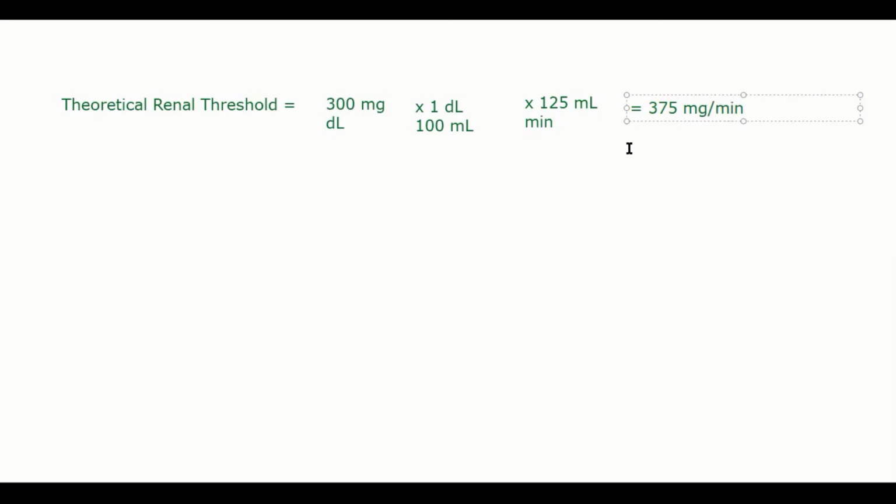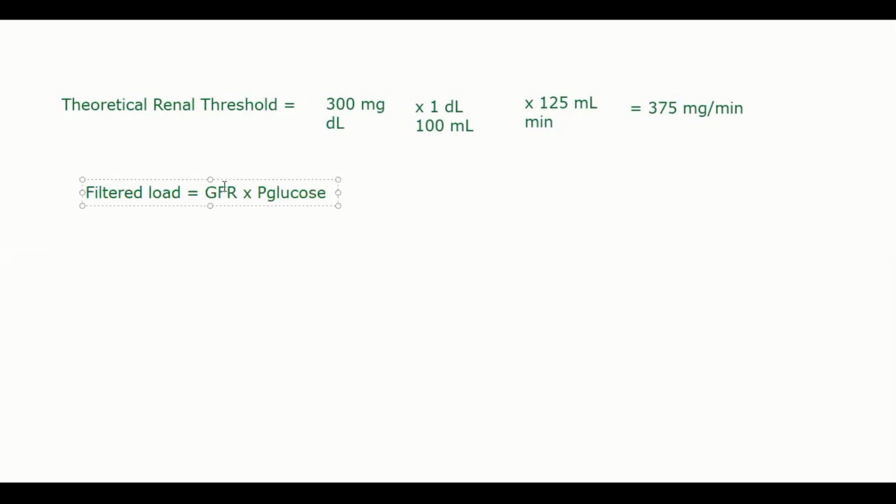Now, when we want to talk about our actual filtered load of glucose, filtered load is equal to our glomerular filtration rate times our plasma concentration of whatever solute we're talking about, in this case glucose.